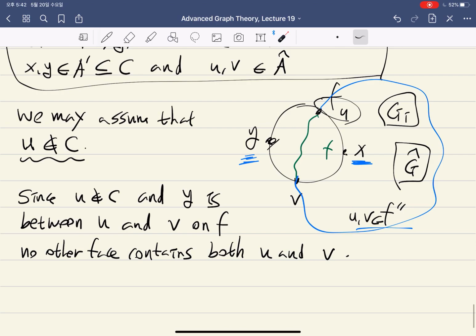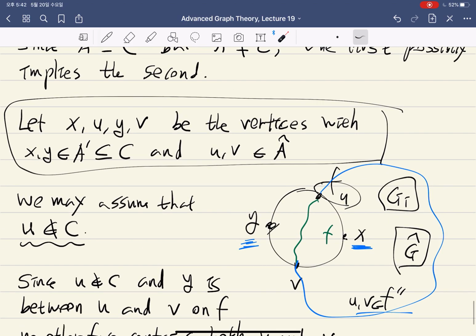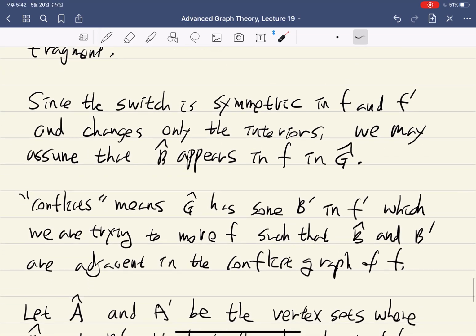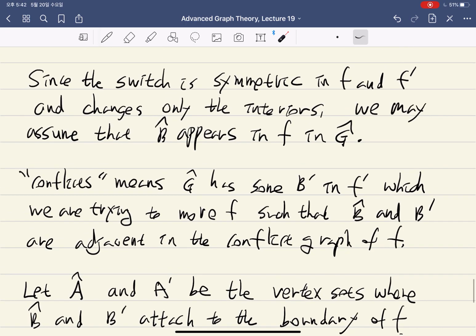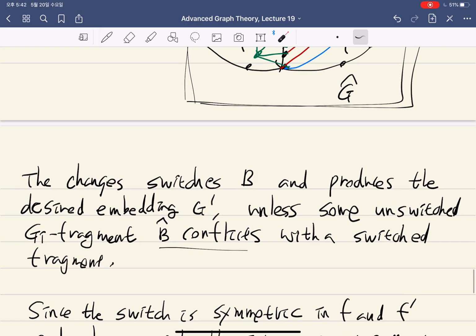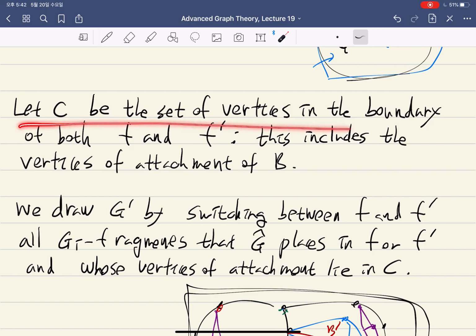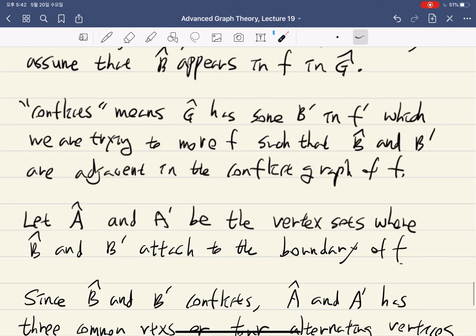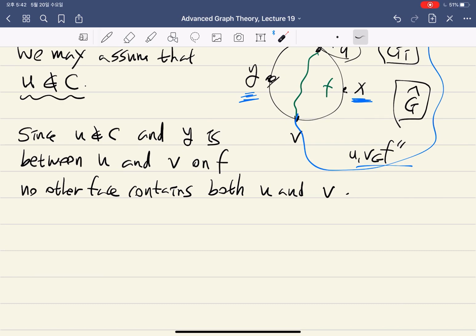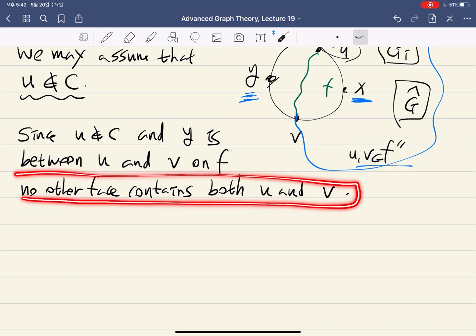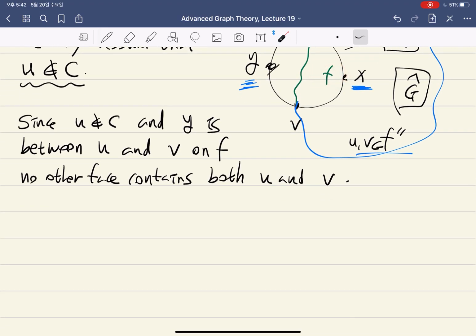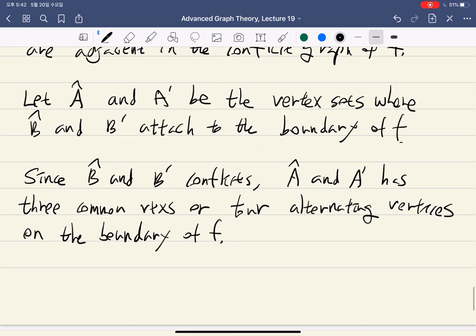Because we already said that X and Y both lie in C, and this C we know lies in both F and F prime. So this is a contradiction. That means that no face contains both U and V except this F. However, that's a contradiction, right?